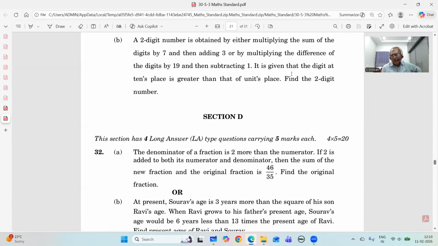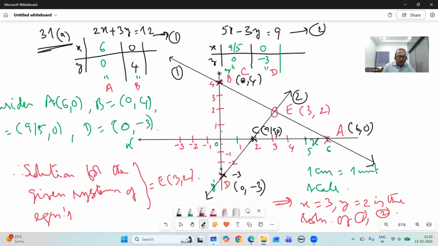It is given that the digit at tens place is greater than that of units place. Find the two-digit number. So we proceed like this. This is question number 32.